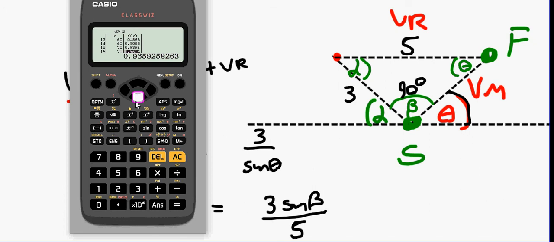The closer you are to 90, the bigger the value of sine theta. And you notice that sine has a maximum value at 90. And anything above 90, it actually gets smaller again.